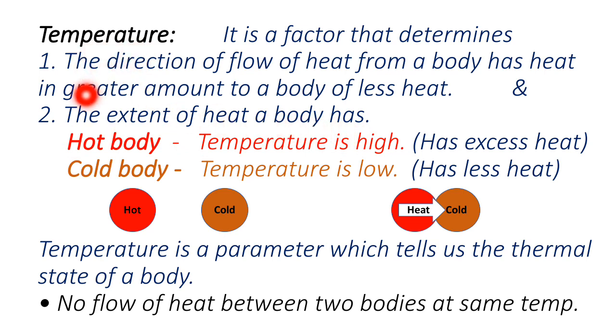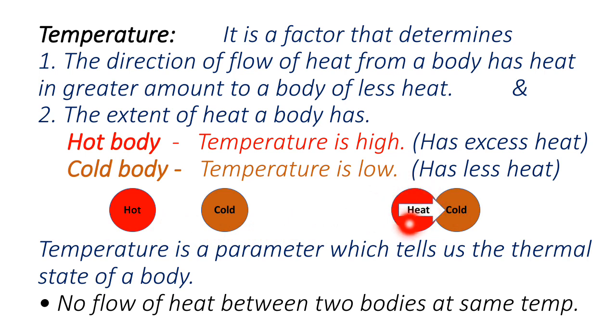Correct. Suppose we have a hot body, then its temperature is high because it has excess heat. Suppose we have a cold body, then the temperature is low because it has less heat. Now see, these are the two bodies, this is the hot body, this is the cold body. Suppose those two are in contact, then as I said, heat always flows from the body which has greater heat energy.